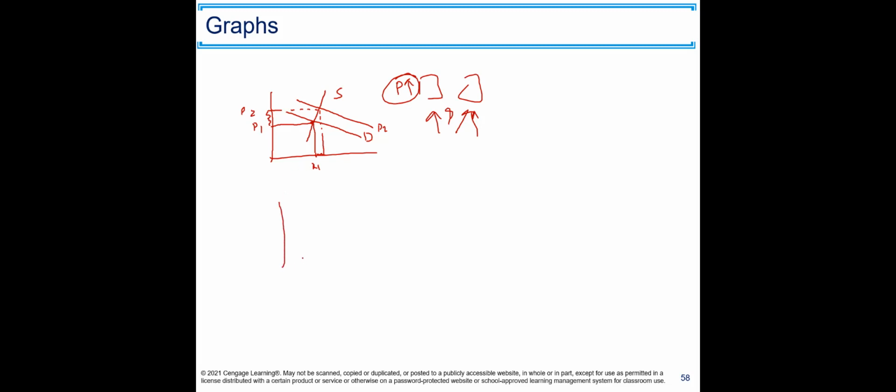So let's draw the other one here. This time supply is flat, demand is like that, supply, demand. Let's shift the demand curve to here. Look what happens. I want you to see the change in price. Look, this much, okay? So the price doesn't change that much compared to this much.